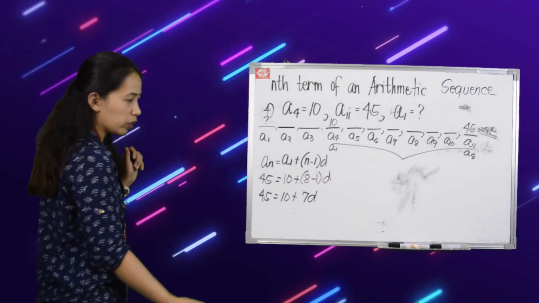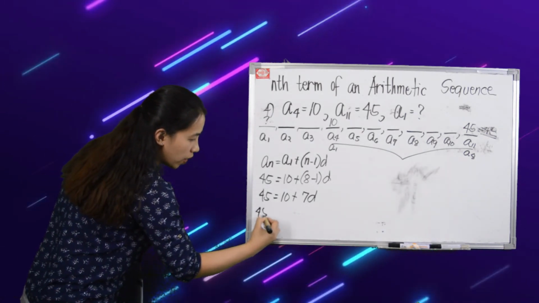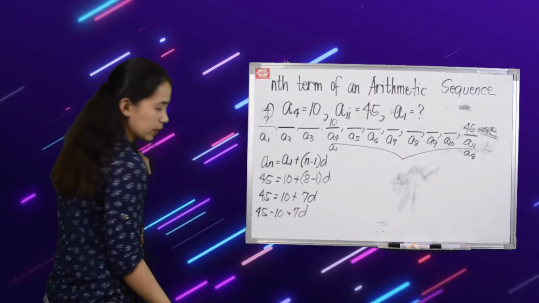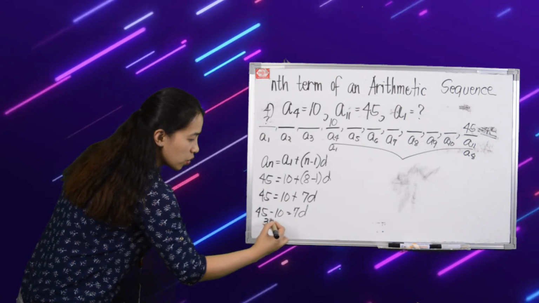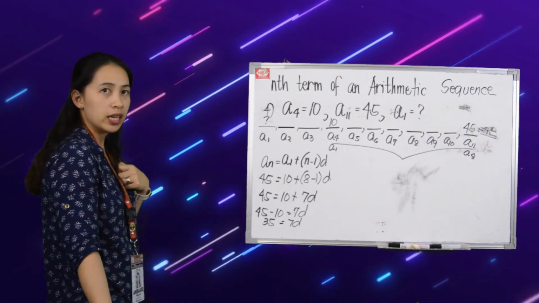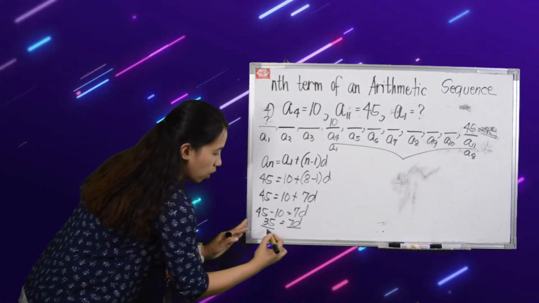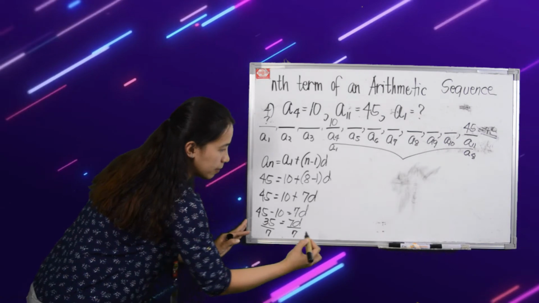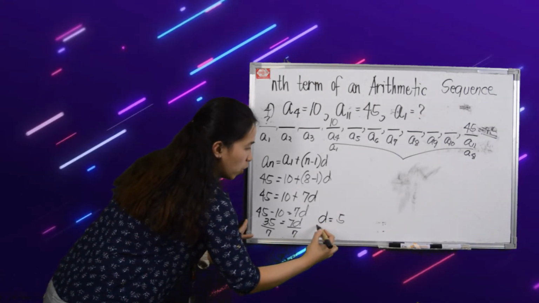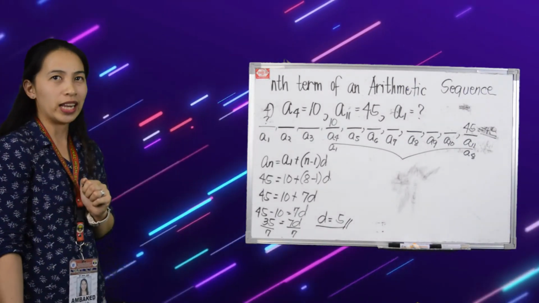Combine similar terms. This one will become 45 minus 10 is equal to 7d. That will be 35 is equal to 7d. We need d alone, so divide both sides of the equation by 7, giving us now an answer of 5, which is the value of d or the common difference.